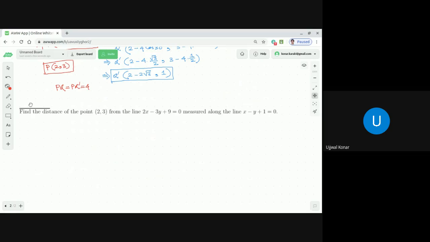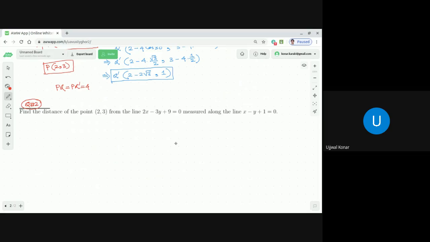Very good question. So let me explain what is the real intent of this question. Find the distance of the point 2, 3 from the line 2x minus 3y plus 9 equal to 0.